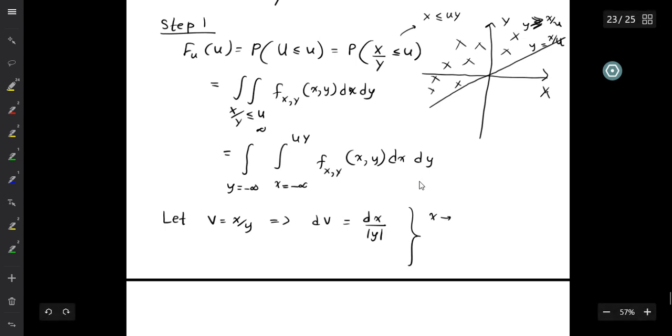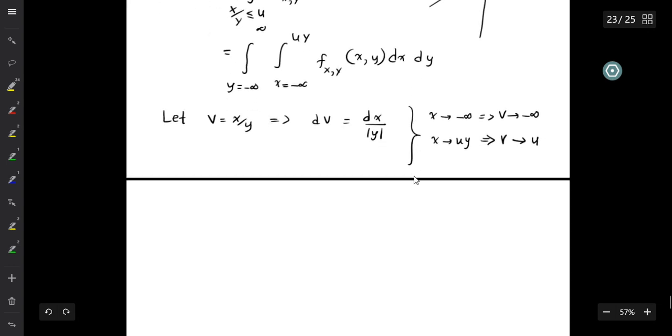When x goes to negative infinity, v will also go to negative infinity, obvious. When x goes to u times y, y will cancel out and we move on to u.